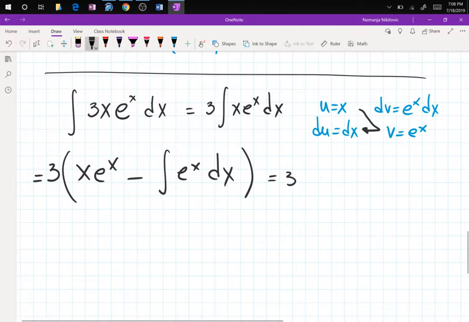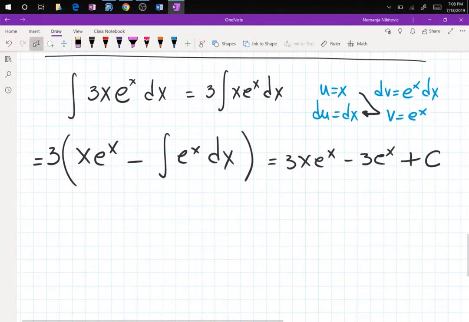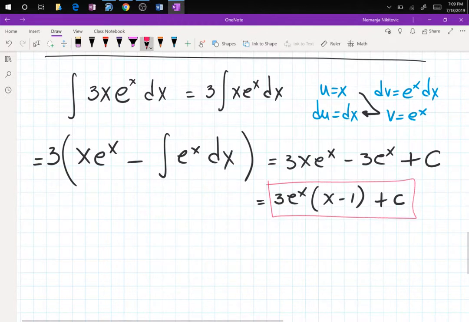So now we have 3x e to the x minus 3e to the x plus c. And as it goes, you kick 3e to the x in front, x minus 1 stays, plus c for your final answer here.